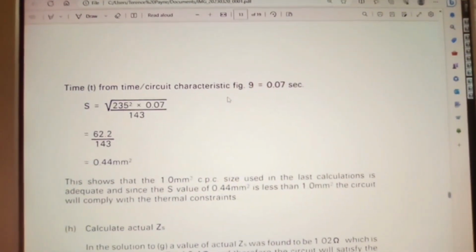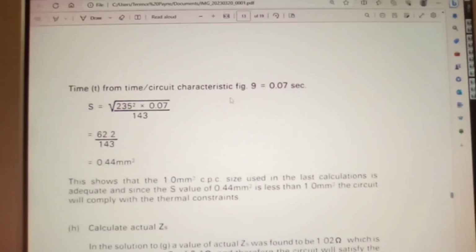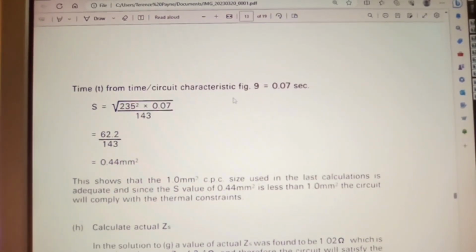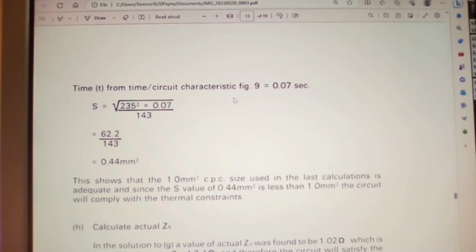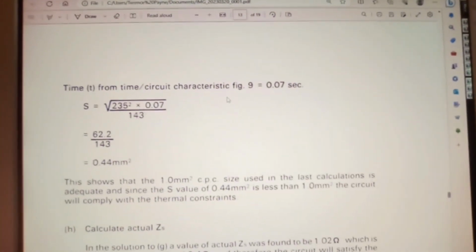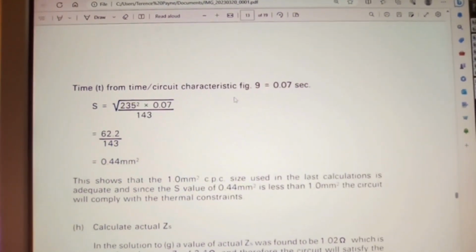Be aware that there may be errors in these calculations here. I'm not quite happy with this process at the moment, so I'm going to leave it for you to look for yourself and see what you think needs to be done. Now again, use your on-site guide. Make sure you follow that process.